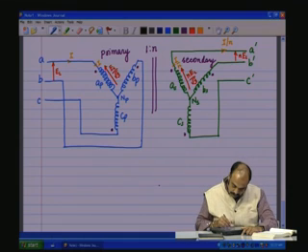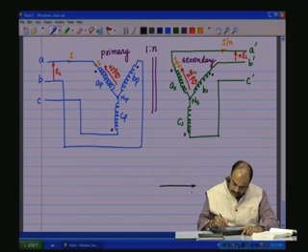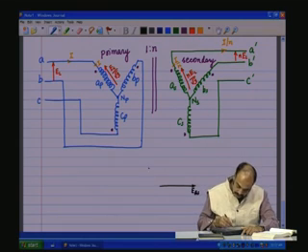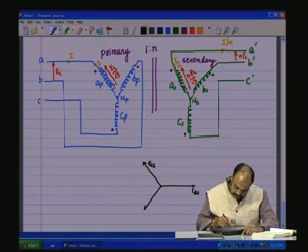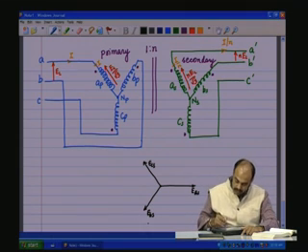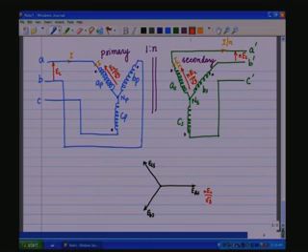Now, we know that this is the phase EAS, ECS, EBS. These are the phase voltages, the coil voltages, and that is n EL by root 3 with respect to the neutral.